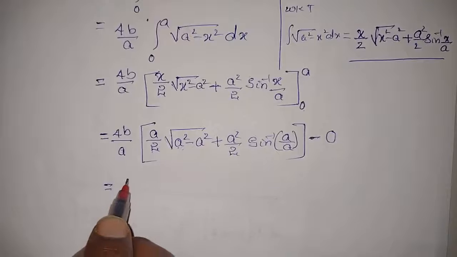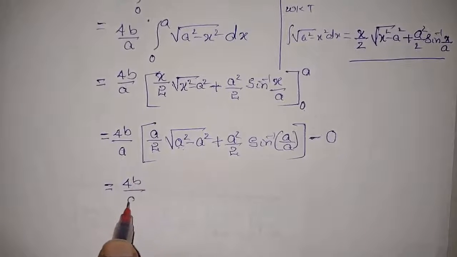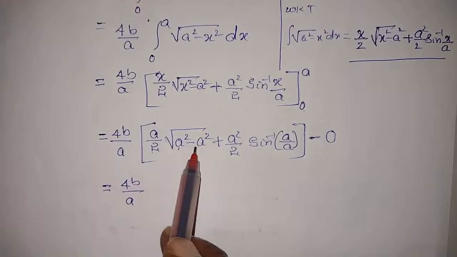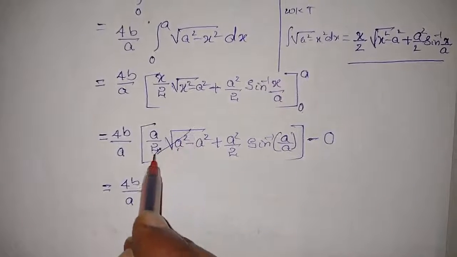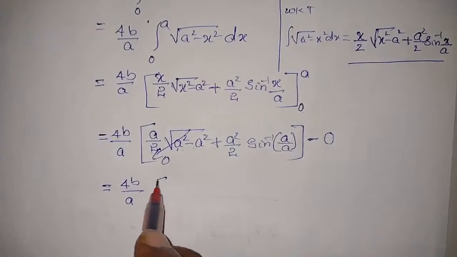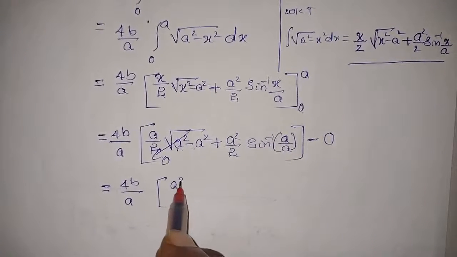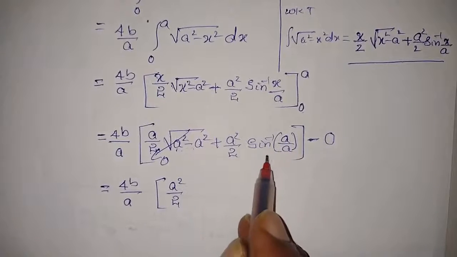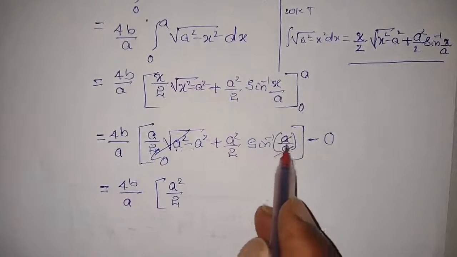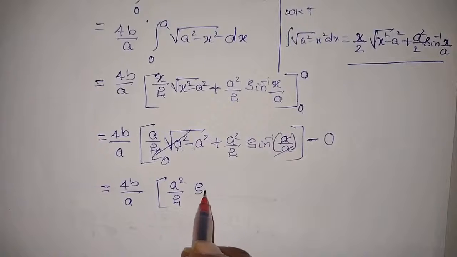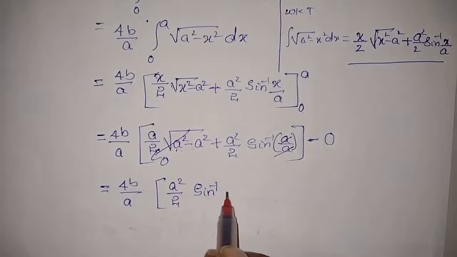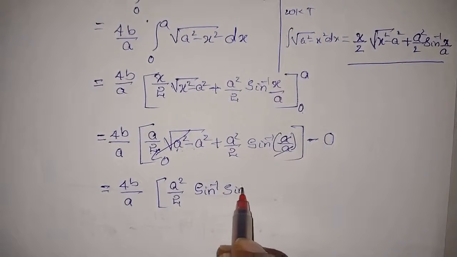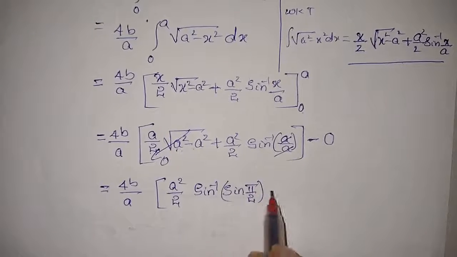Next is equal to 4b by a. Here observe a square minus a square means 0. The first term becomes 0 into a square by 2, and sine inverse of 1. Sine inverse of 1 means pi by 2, since the value of sine pi by 2 is 1.